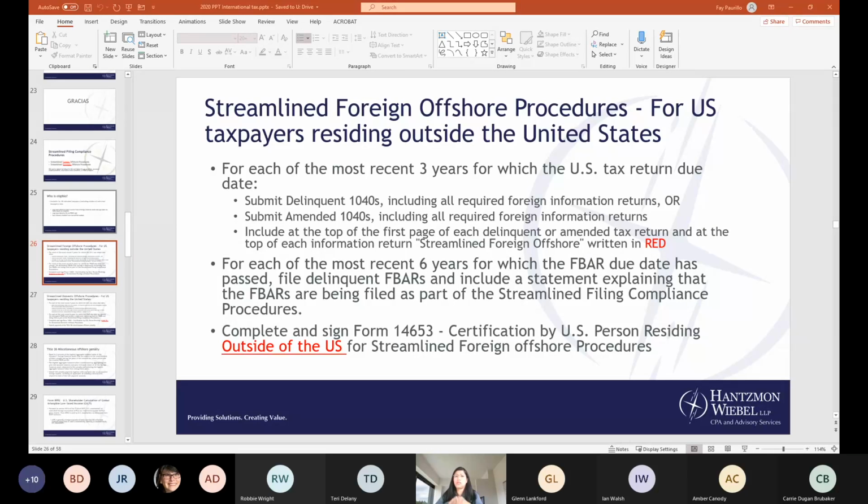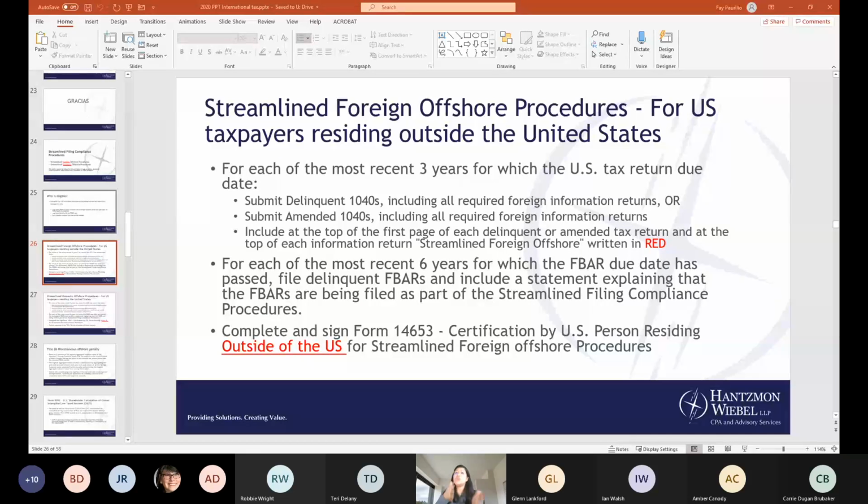She never filed tax returns. The rule is, and you can read this later in your material, she had to submit the most recent 3 years of delinquent tax returns. And she had to submit electronically, like Glenn said, 6 years worth of FBARs.